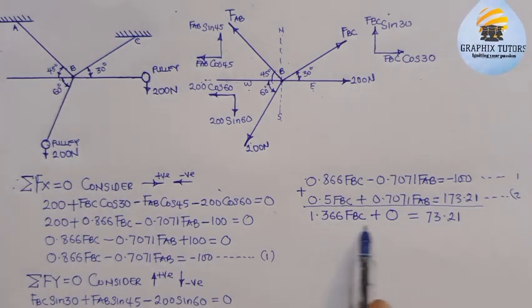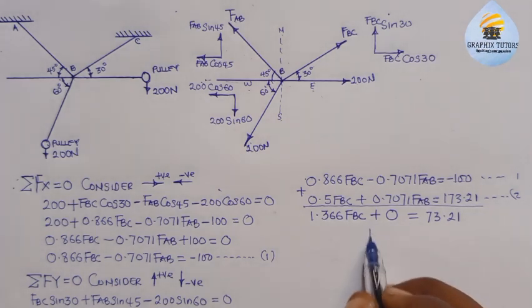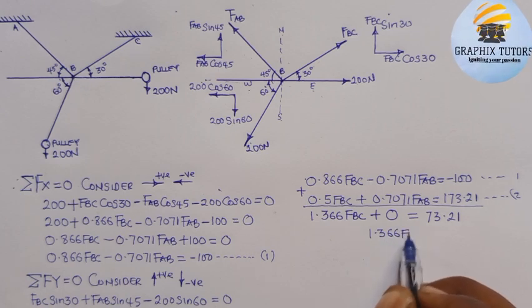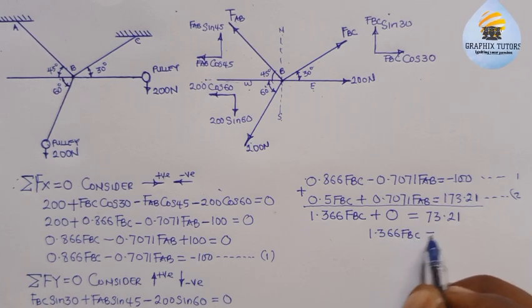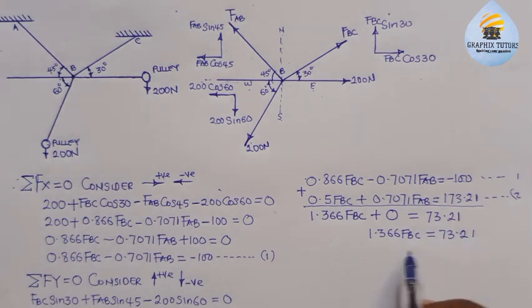Now whatever you add with 0 will give you that same value. That is why we're having this. Now divide both sides by 1.366.